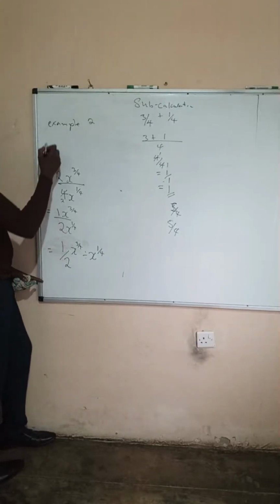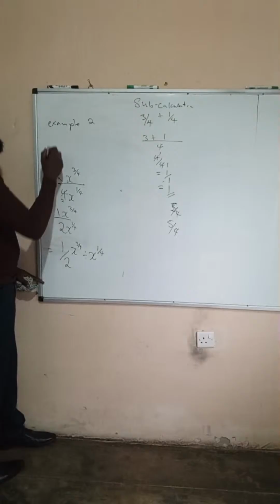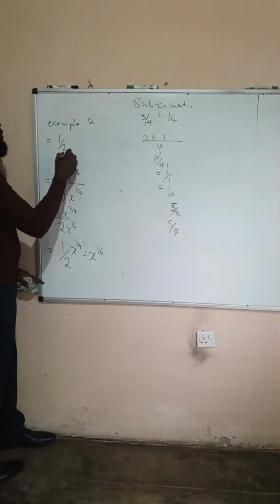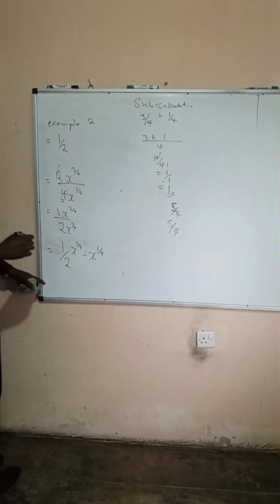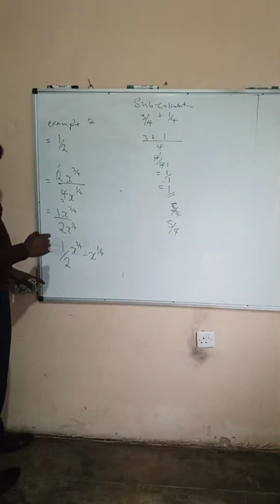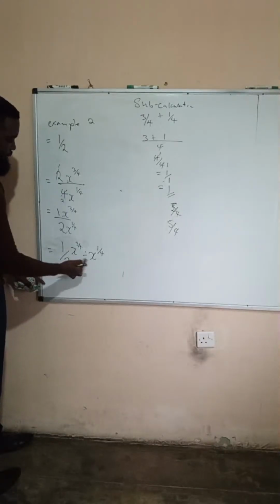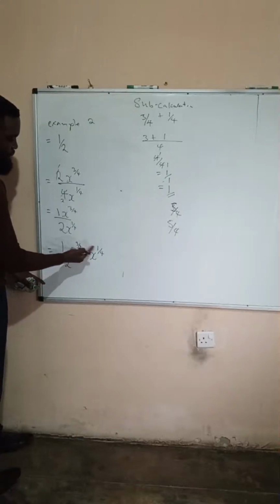this can also be written as 1 over 2, when you are dividing indices, when the bases are the same, you simply subtract the powers.